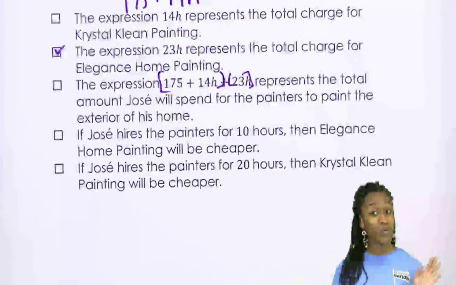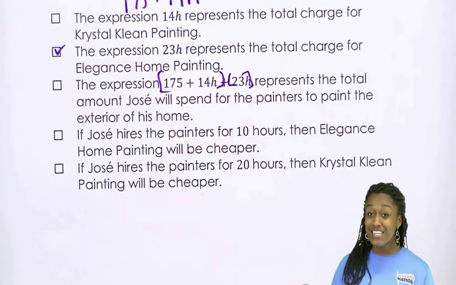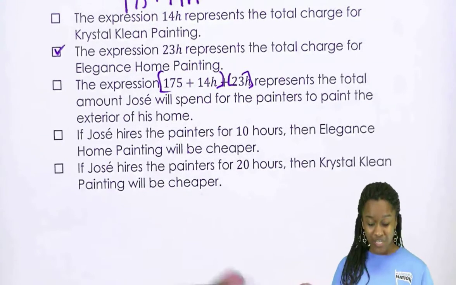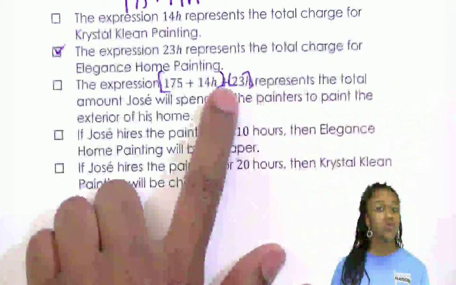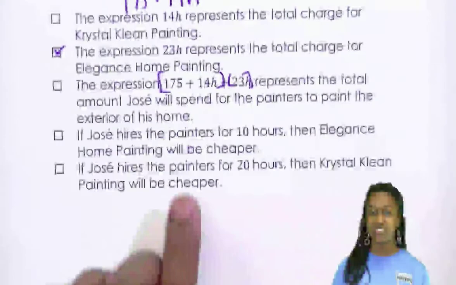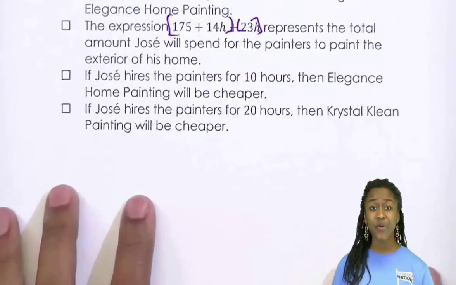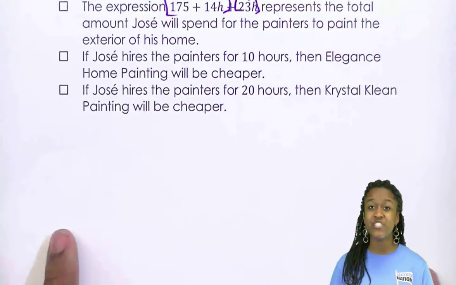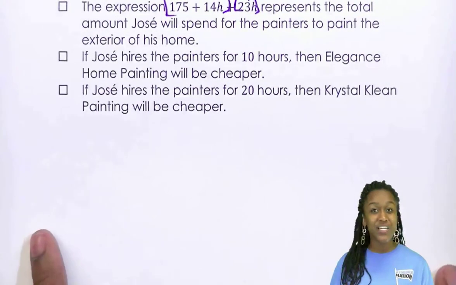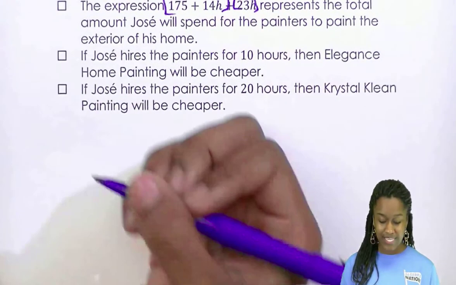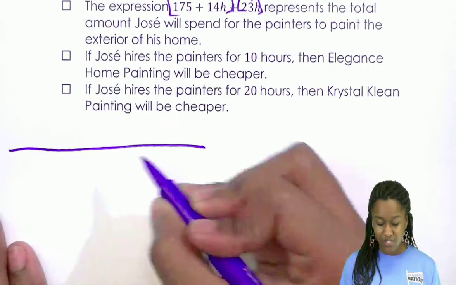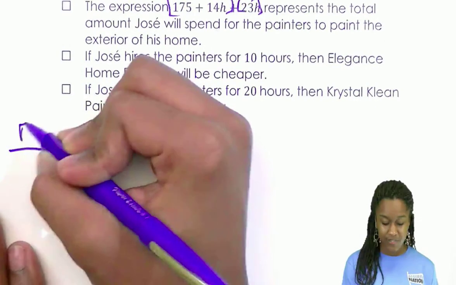That costs way too much money. He only needs to pay one company, right? So we wouldn't have a combined total for both companies. So this is wrong. Okay, if Jose hires the painters for 10 hours, then Elegance Home Painting will be cheaper. Let's see. We have to do some math for this one.